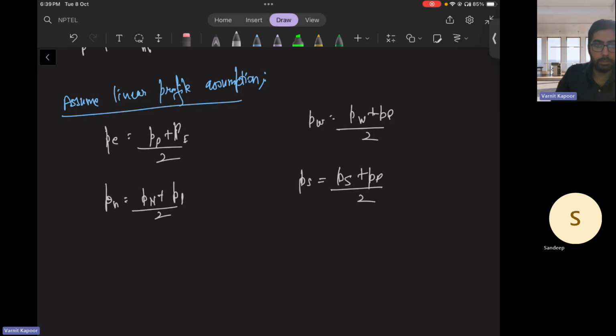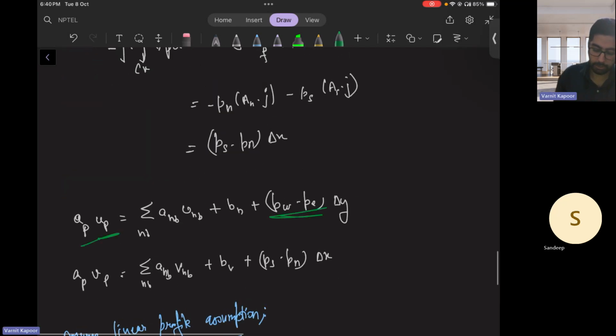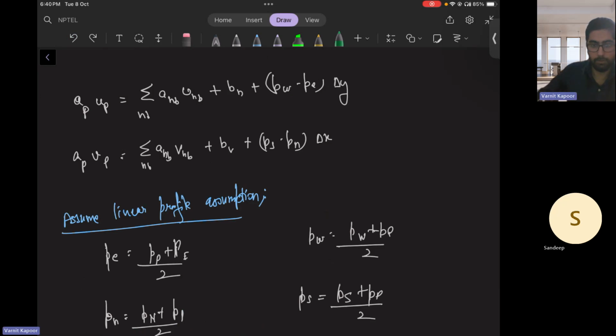Is it clear? Are there any doubts? We are just doing a linear profile assumption. In our above equation, both pressures as well as velocities are unknown. So far, in the last lecture, we were assuming that they are known, but right now we don't know.